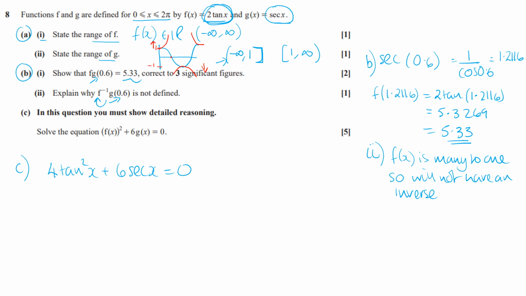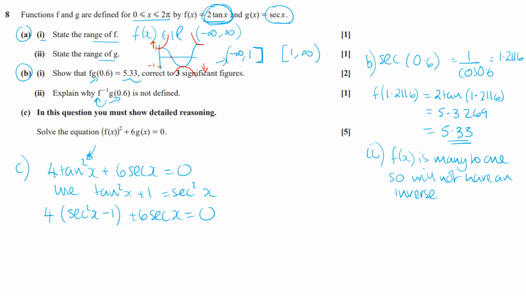Now using the identity that tan squared x plus 1 is equal to sec squared x, we can rewrite the 4 tan squared as 4 into sec squared x minus 1 plus 6 sec x, because the idea whenever you've got anything quadratic is to get it all in terms of one ratio.